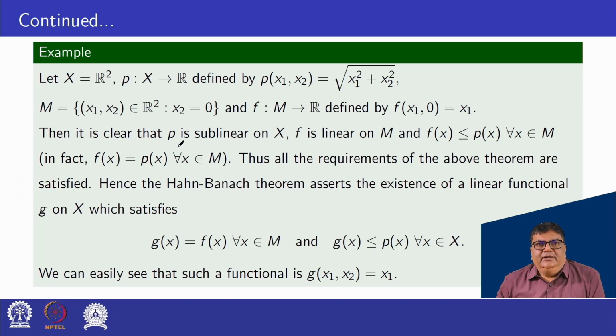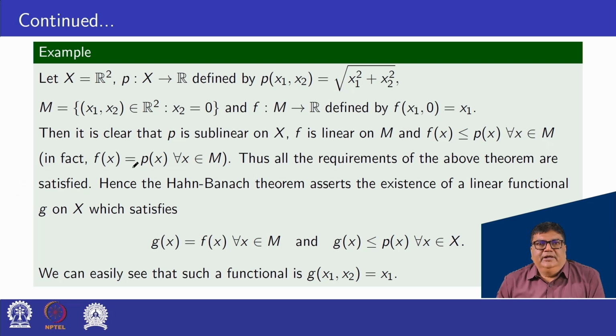Then it is clear that p is sublinear on X, f is linear on M, and f(x) ≤ p(x). Because here f(x1, 0) is x1 and p(x1, x2) = √(x1² + x2²) for all x belonging to M.